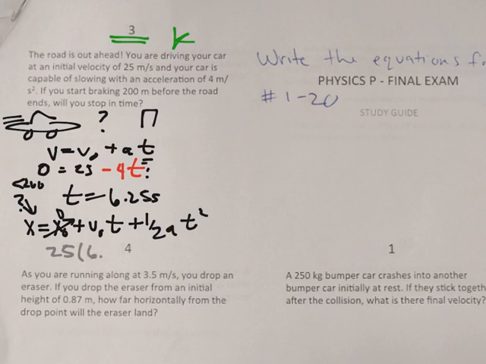We now know t to be we need at least this much. Half, -4, 6.25 squared, plug all this in, you would get 78 meters. So you're going to stop in well enough time. You're going to actually stop at half the distance.